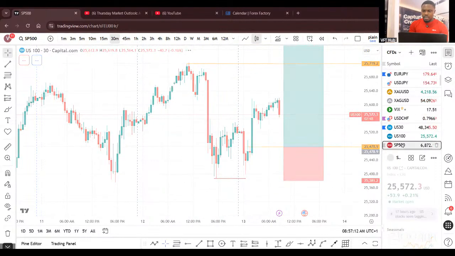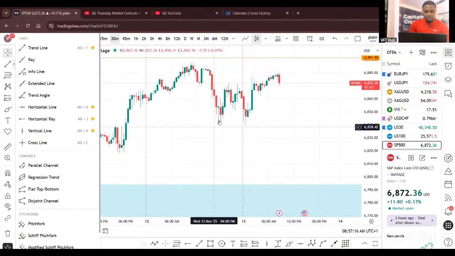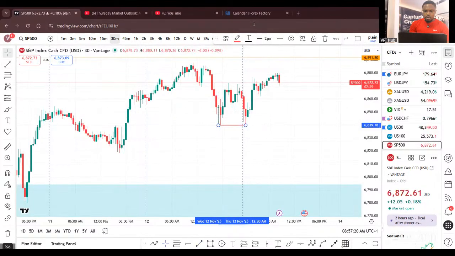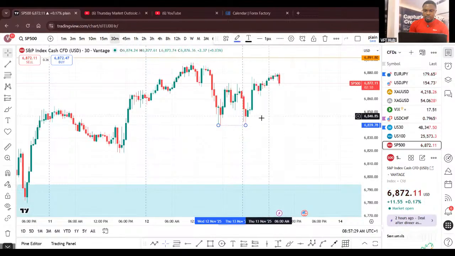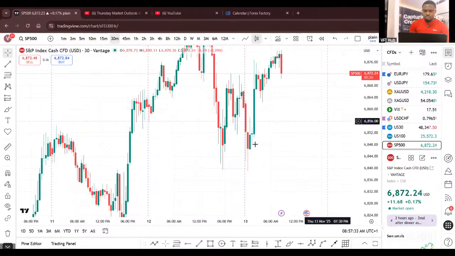However, on US500, that's S&P 500, you have a clear sweep, right? A clear sweep of that low, making this kind of a very valid strong low that we expect the market to respect, right?